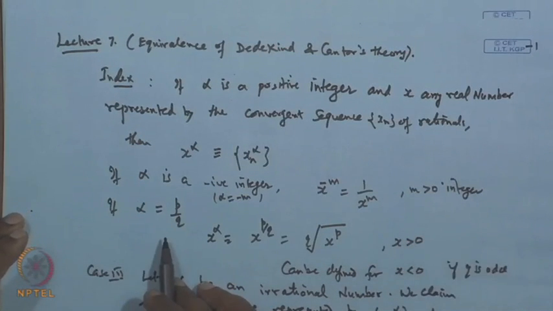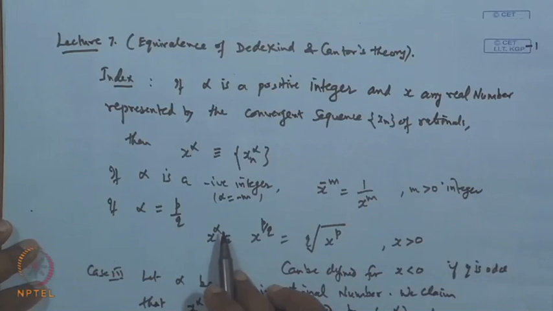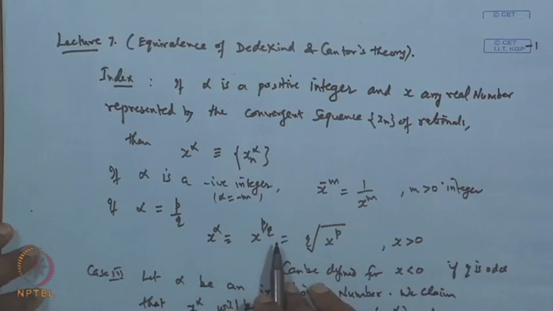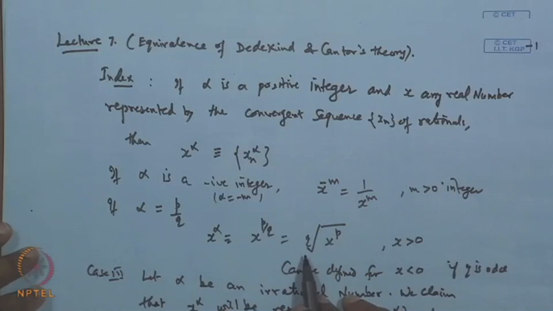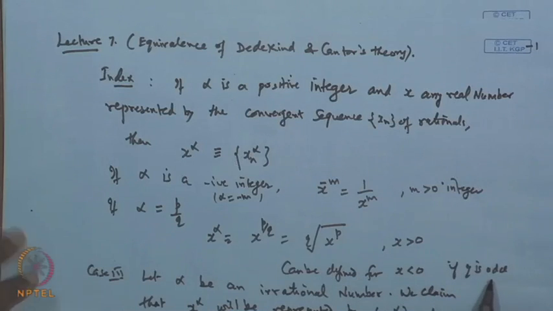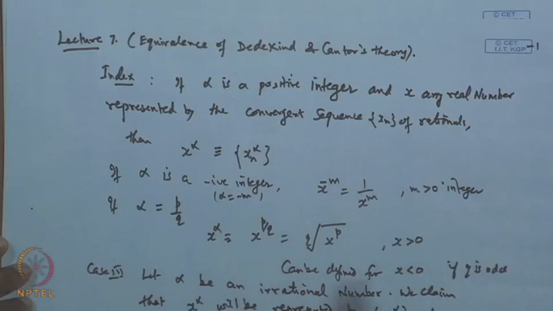If alpha is a rational fraction, then x to the power p by q is the qth root of x to the power p when x is positive. If x is negative, it can be defined provided q is an odd number. So this for integer and fractional we have already discussed.